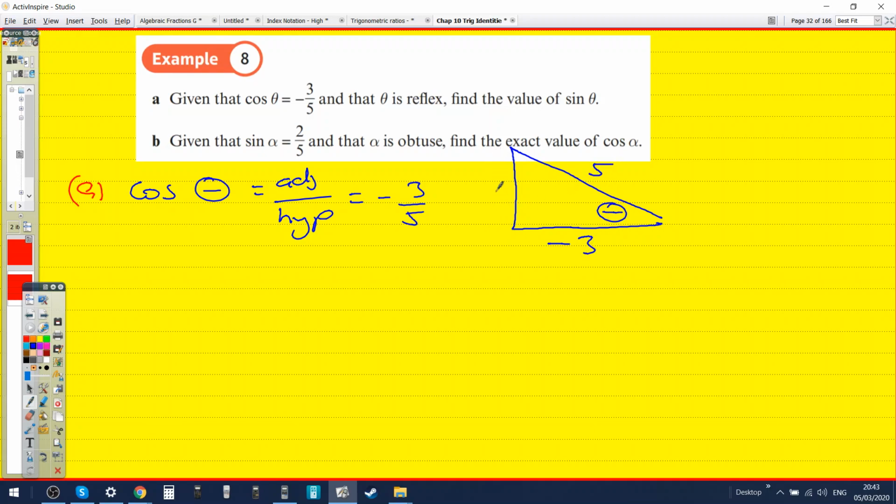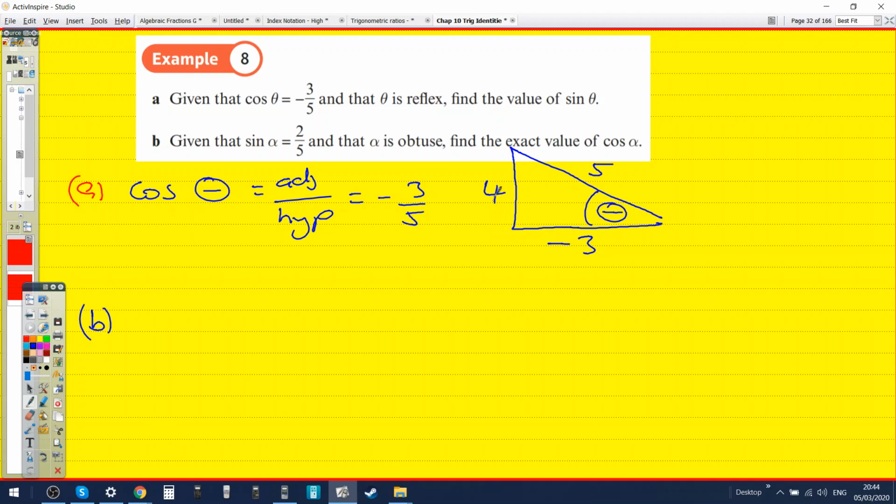What is the opposite? Well, you can use Pythagoras, I guess. The square root of 5 squared minus the square of minus 3. So the root of 25 minus 9, which is just 4.